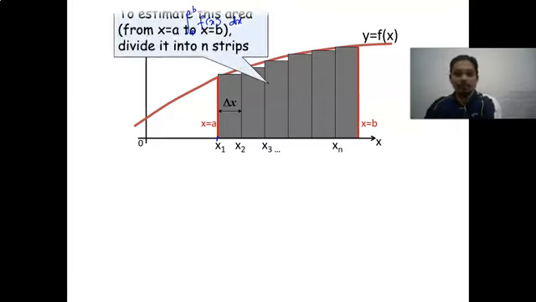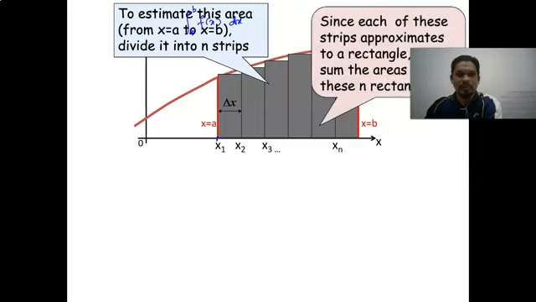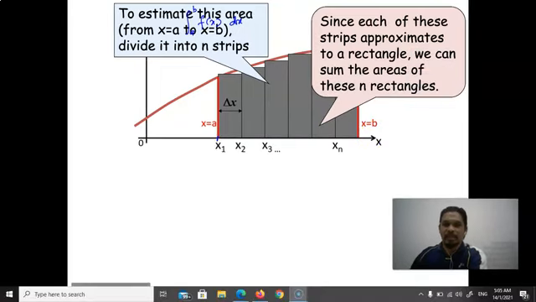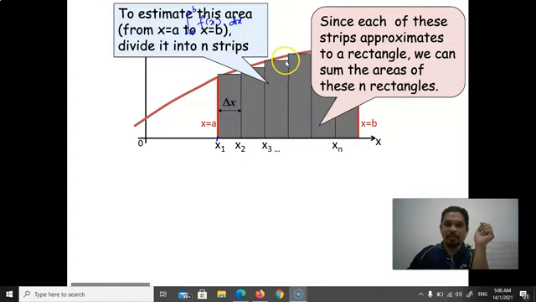To estimate this area from x equal to a until x equal to b, we divide it into n strips, and since each strip approximates a rectangle, we can sum the areas of these rectangles. Rectangle number 1, 2, 3, 4, 5, and 6.